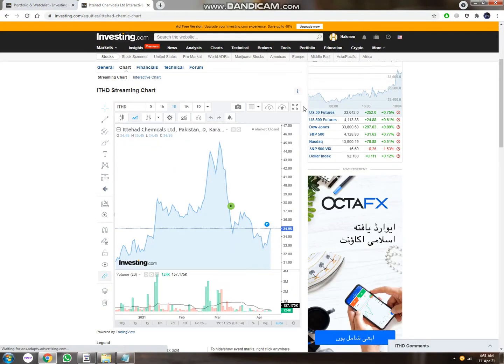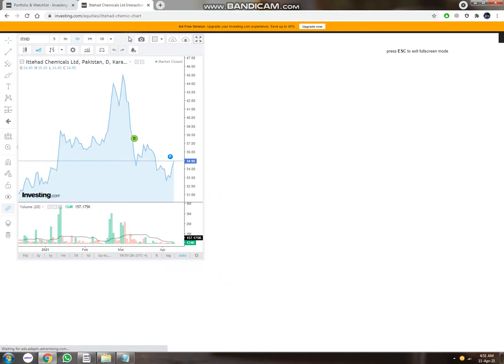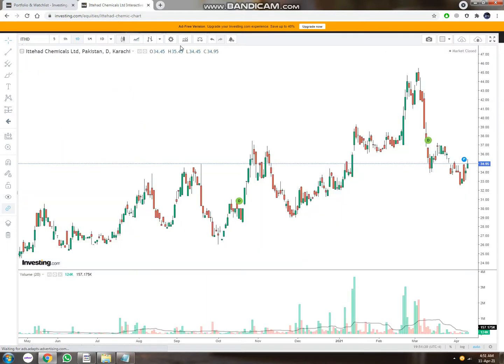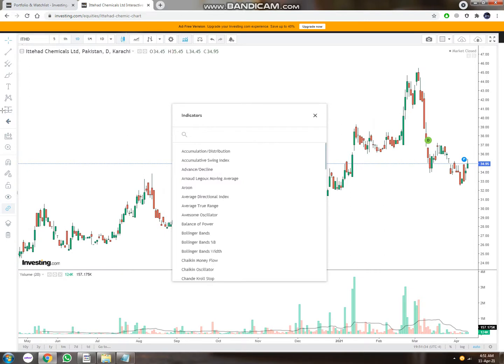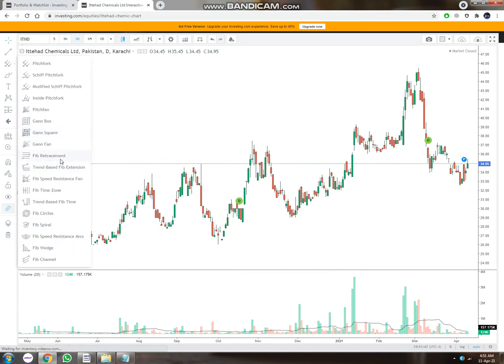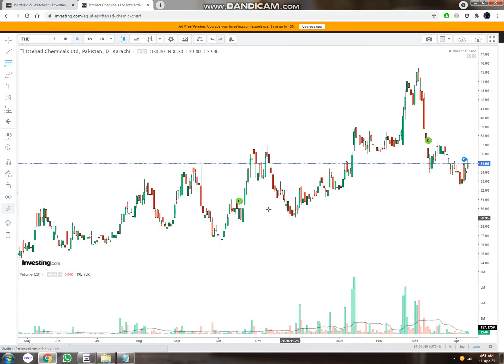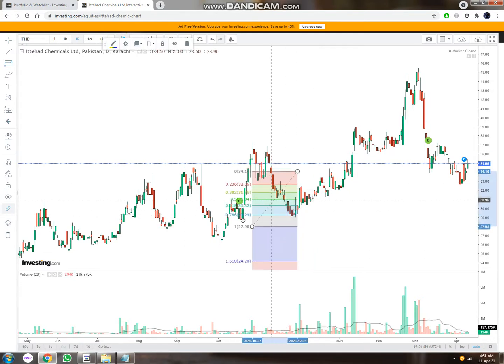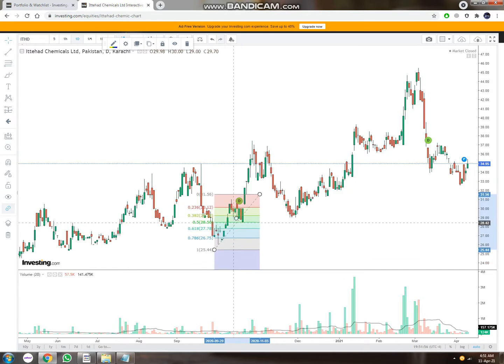Now Fibonacci retracement is used mainly in the pullbacks, not in a general trend. I will point out this area.